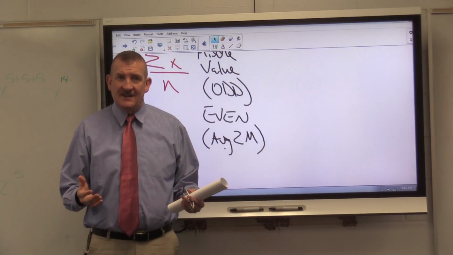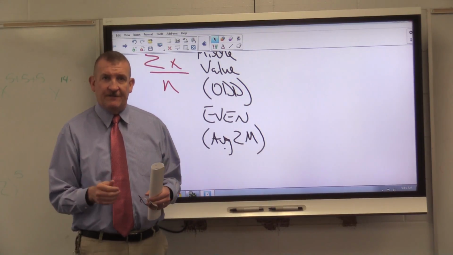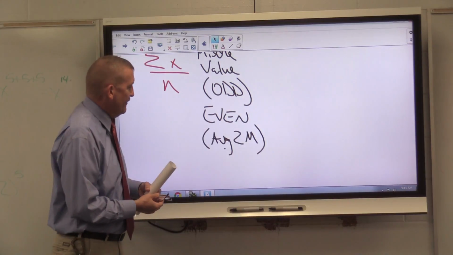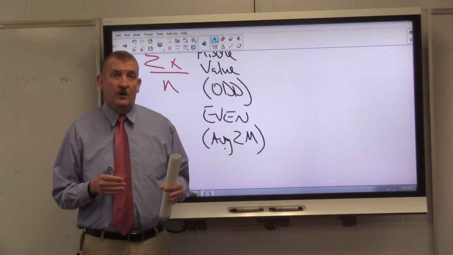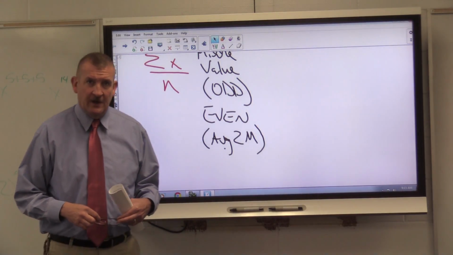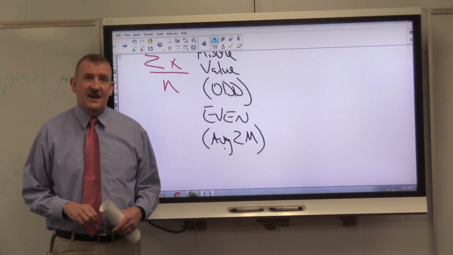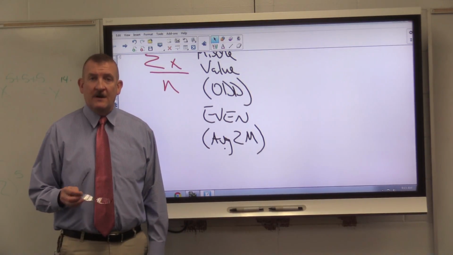You have 6 numbers, and your two middle numbers are 3 and 4. So you take the average of your two middle numbers, and your median is 3.5. So if your data set is even, you take the average of the two middle numbers.